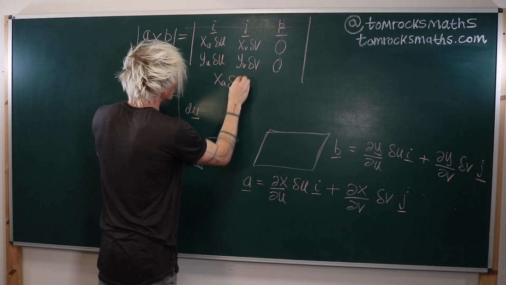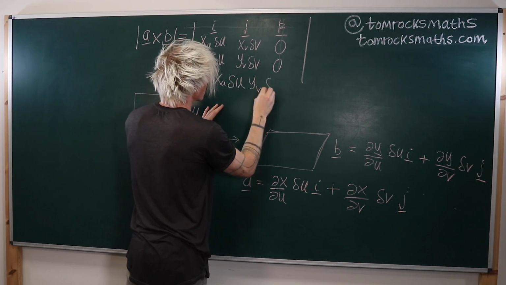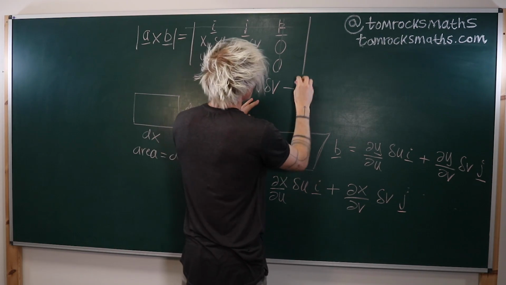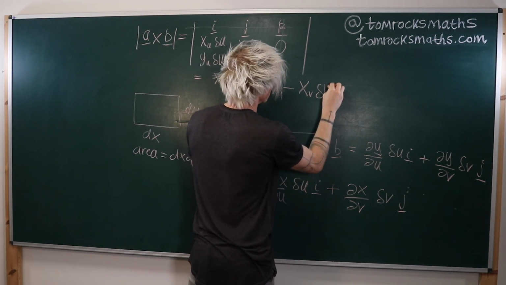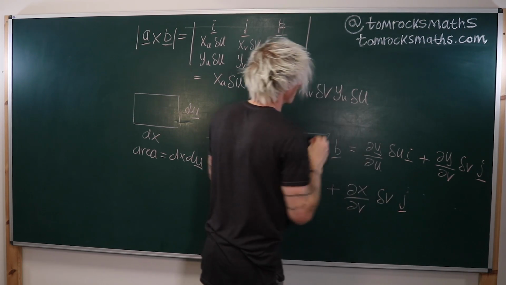xu delta u multiplied by yv delta v, and then subtract xv delta v times yu delta u.